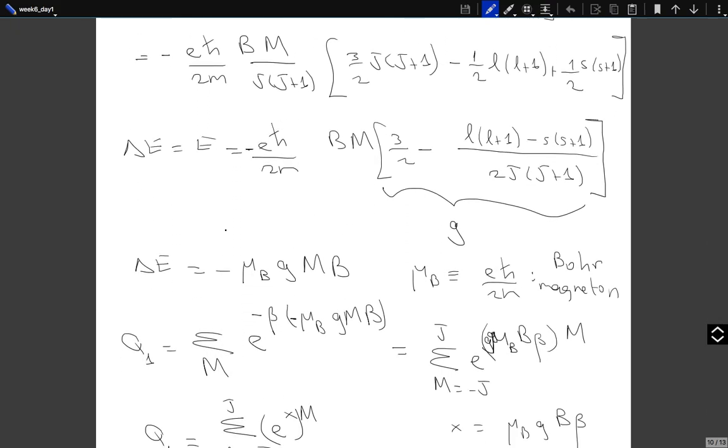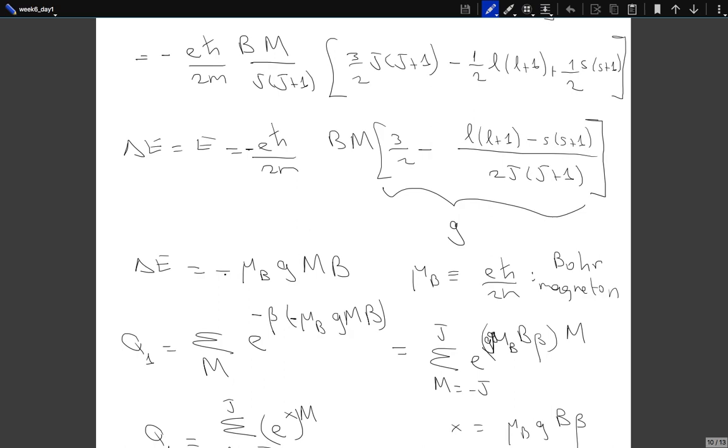So we did all the treatment, and, okay, where is the expression? It's in a sense similar to the classical case. The energy is proportional to some magnetic moment, in this case mu_B times g times j.